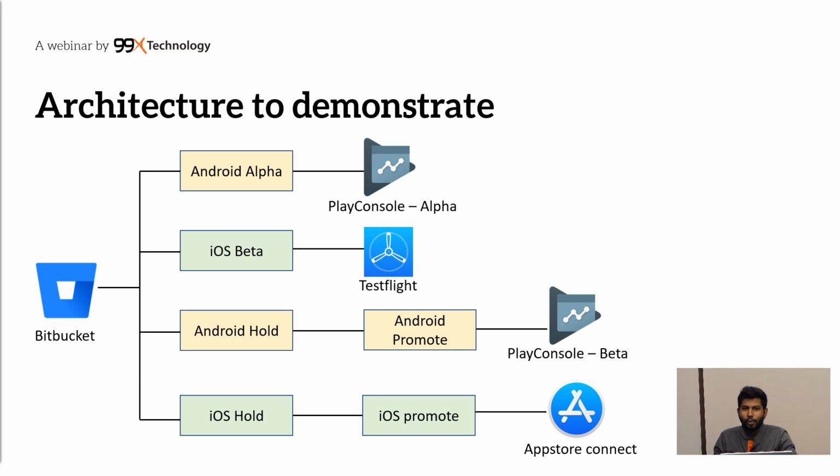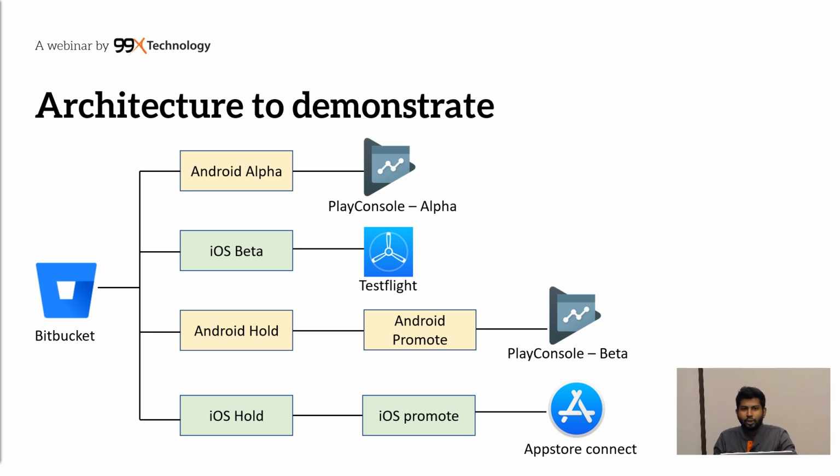But there will be two approval jobs to push the build which we generated to the Play Console beta and to promote it to App Store Connect, because before we do it, we need to test our initial builds.